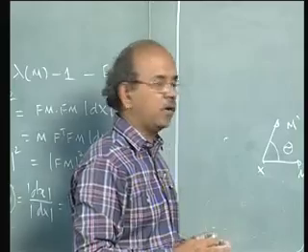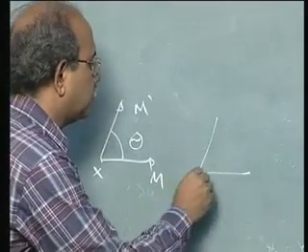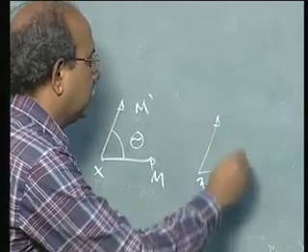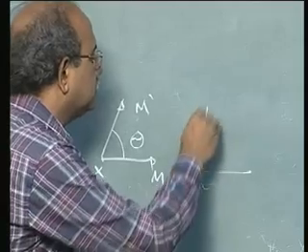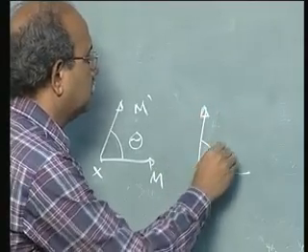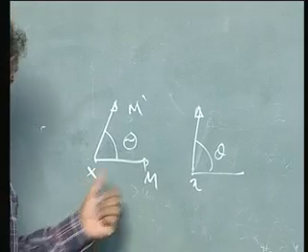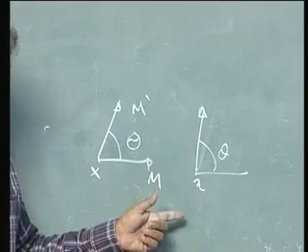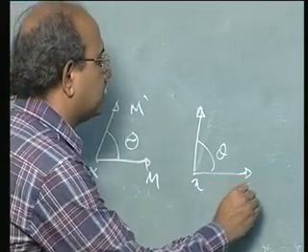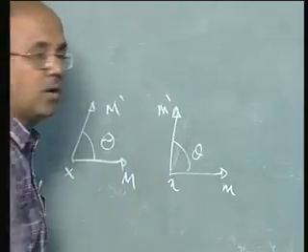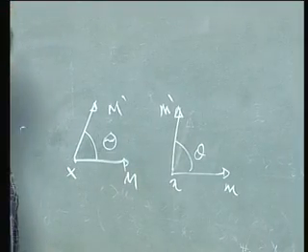In other words, what is the small theta that is formed at small x, the point to which capital X is carried due to deformation. So these line elements now become small m and small m prime respectively.